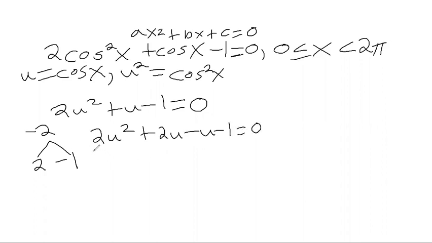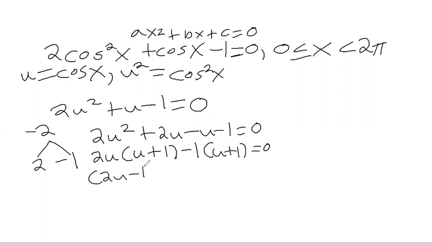So by doing factoring by grouping, we're going to get 2u times u plus 1. And then here, I can factor out -1, making it u plus 1. So that gives me 2u minus 1 and u plus 1 equals 0.